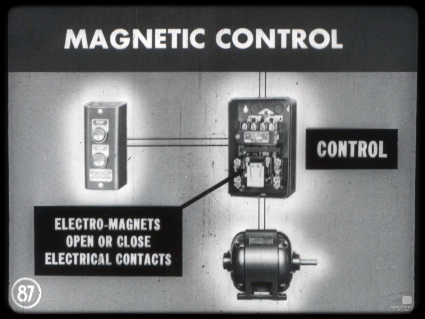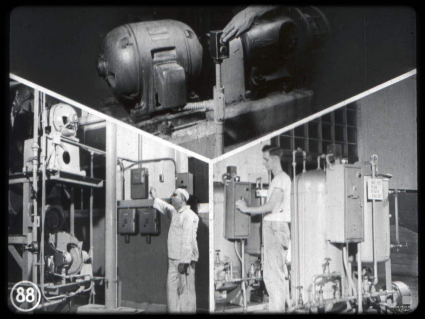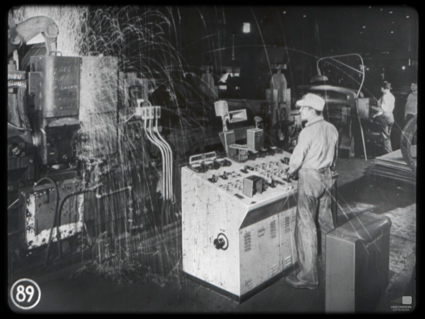Magnetic control, on the other hand, requires push buttons or other control circuit switches which energize electromagnets to open or close electrical contacts. This type of control is better suited for larger applications and where more frequent operation is needed. Magnetic control is the type used, too, with machines like this automatic welder, where it's desirable to operate the machine at a point away from the process.